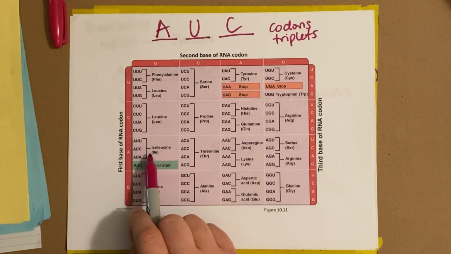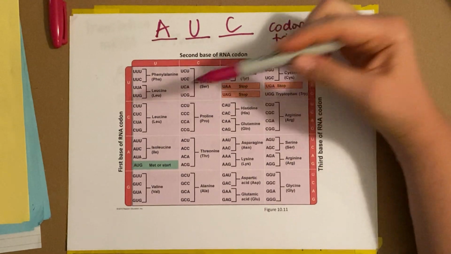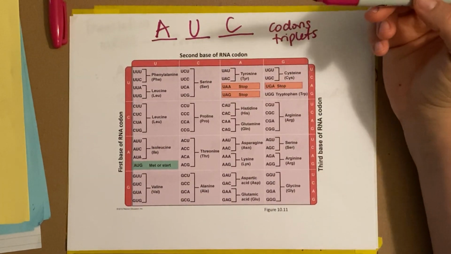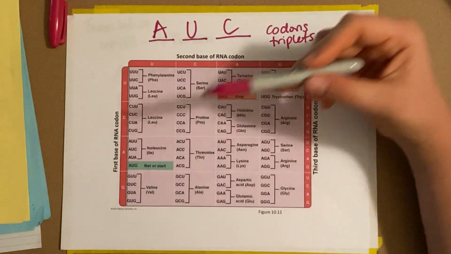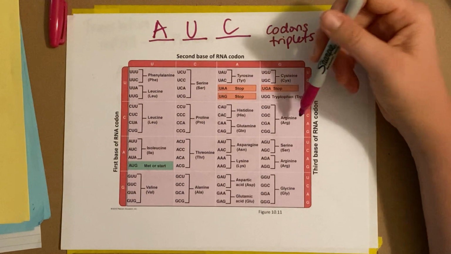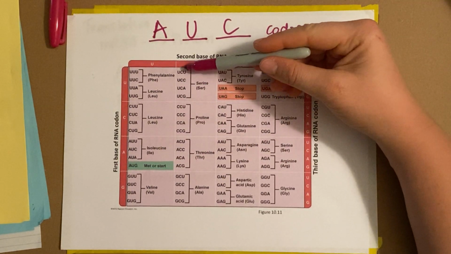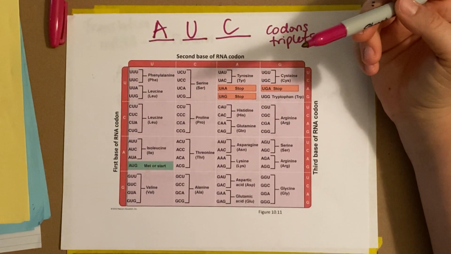This is going to come into play when we start talking about mutations. Most amino acids have multiple codons that code for them. Leucine, threonine, alanine, valine, serine, arginine all have 4 possible codons that code for the same amino acid.